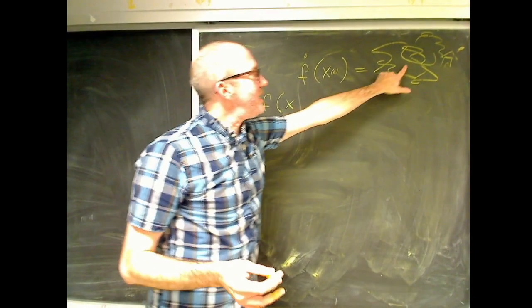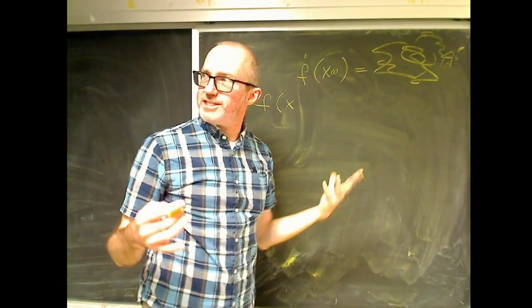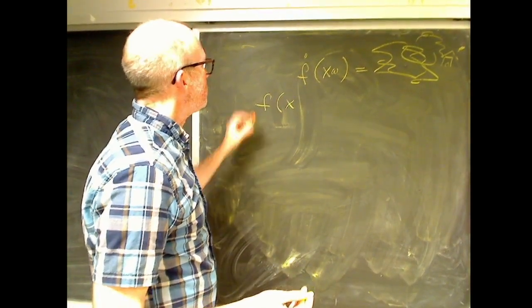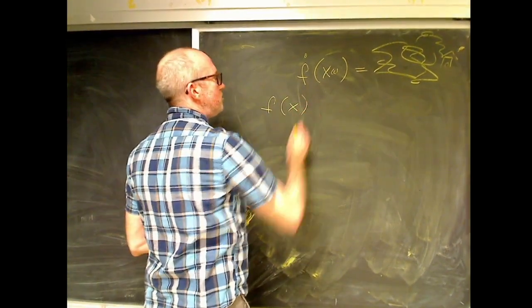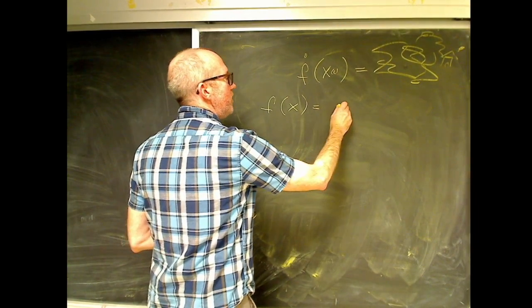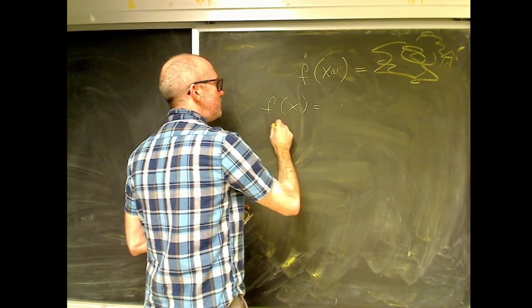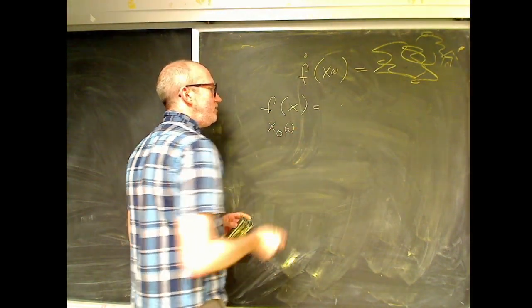But I know that I can take a Taylor series of it, and as long as I can take a Taylor series, then I'm sorted. So how do I make this horrible thing work? f is some function that I don't know, but I know that I can Taylor expand it around x naught.